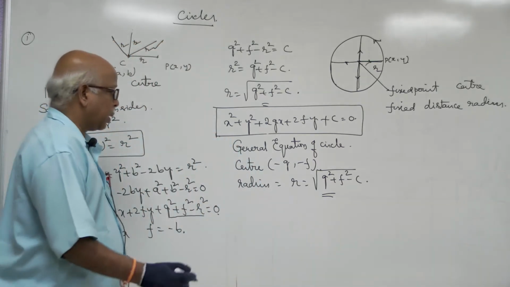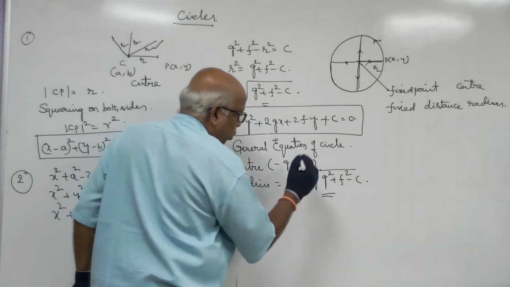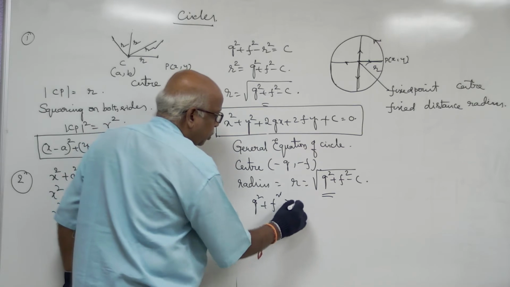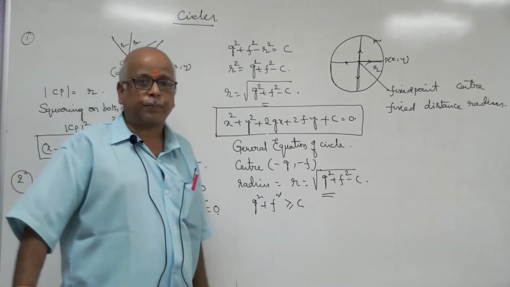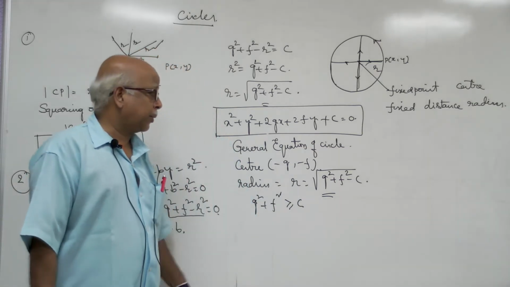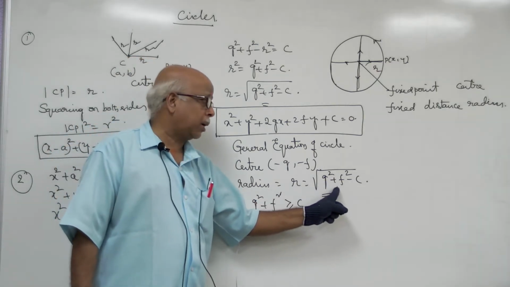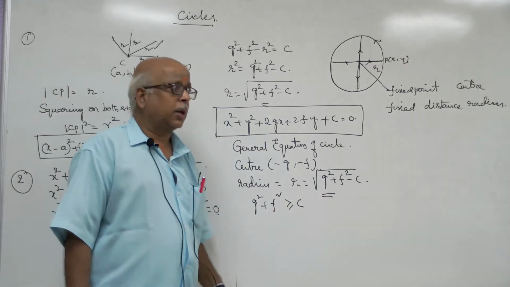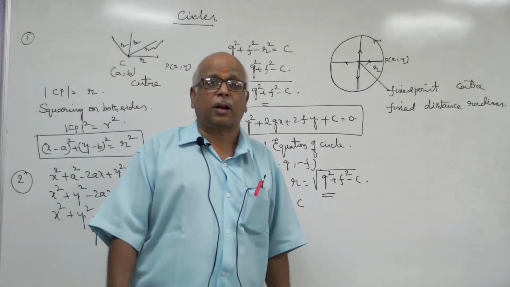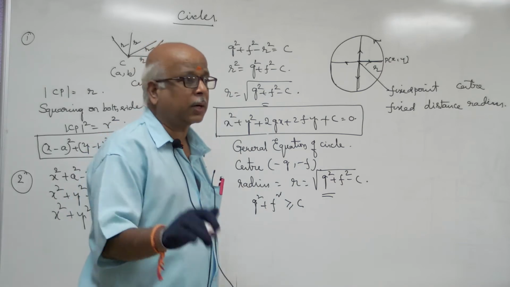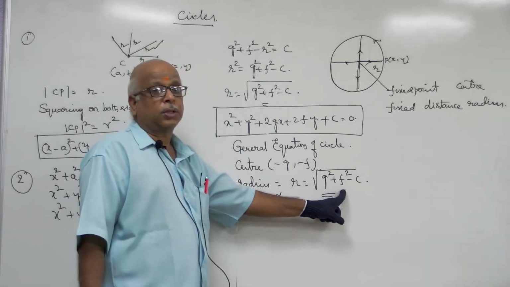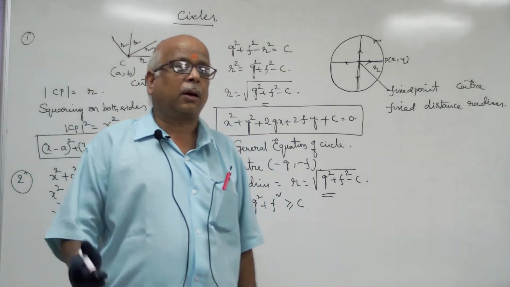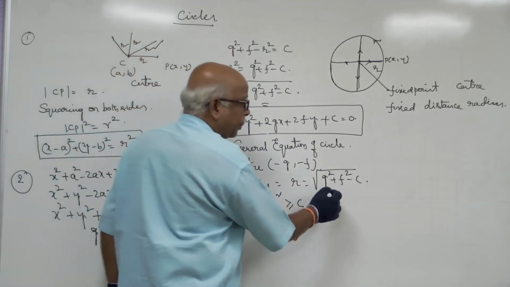Of course, for the square root to be well defined, g square plus f square must always be greater than or equal to c. If g square plus f square equals c, what happens? This totality will be 0, and root 0 will be 0. If g square plus f square is greater than c, it is a positive quantity. Suppose g square plus f square is less than c, obviously the totality will become negative.